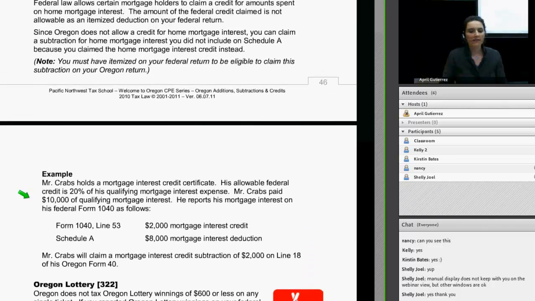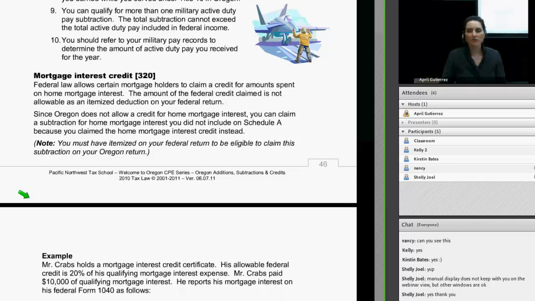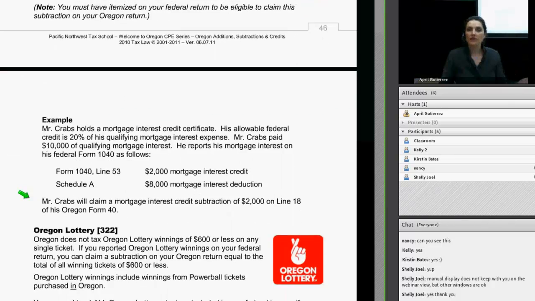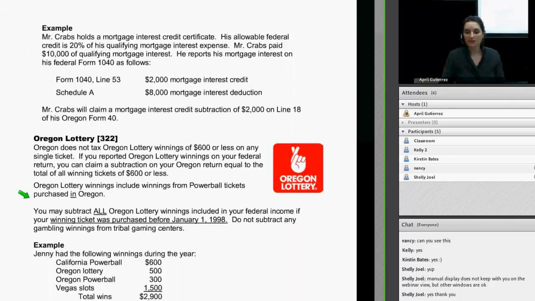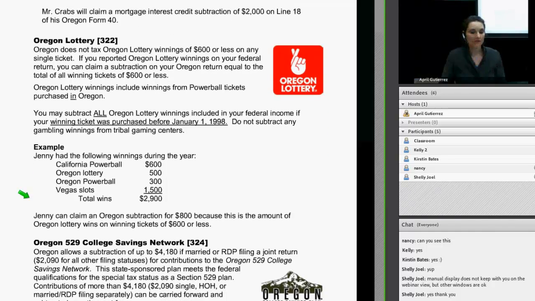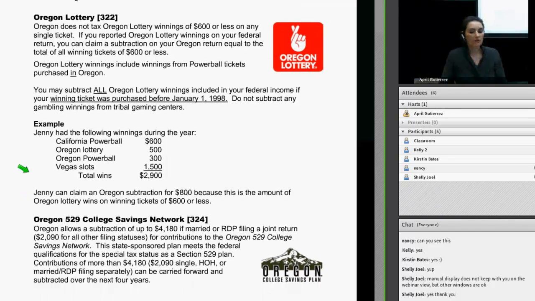On Schedule A, he claims an $8,000 mortgage interest deduction. That is $2,000 less than he otherwise would have claimed on Schedule A had he not claimed the credit. So it stands to reason that Oregon is going to allow that $2,000 to be a subtraction on Oregon Form 40, and you enter it on line 18 and put the appropriate code, 320, next to it.